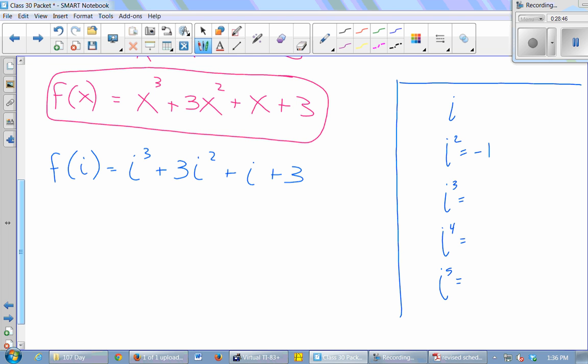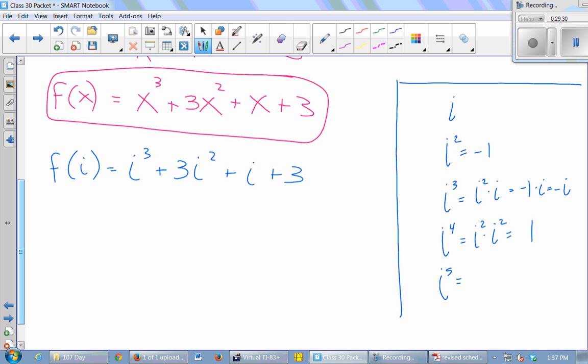To get i cubed, I could multiply i squared and i together, which would be -1 times i, which is -i. To get i to the 4th, I could multiply an i squared times an i squared. -1 times -1 is +1.